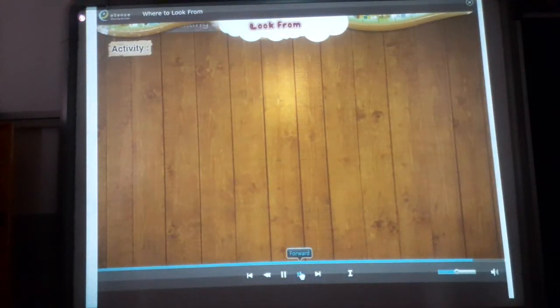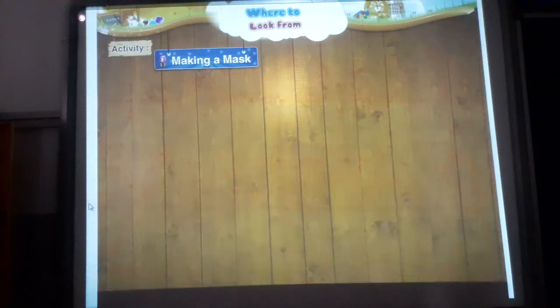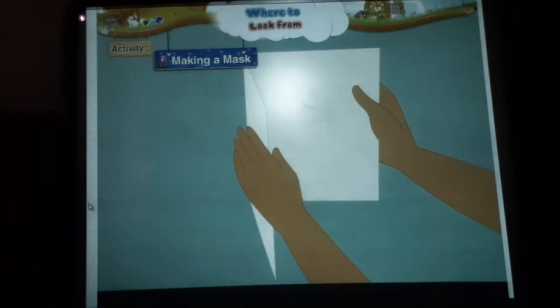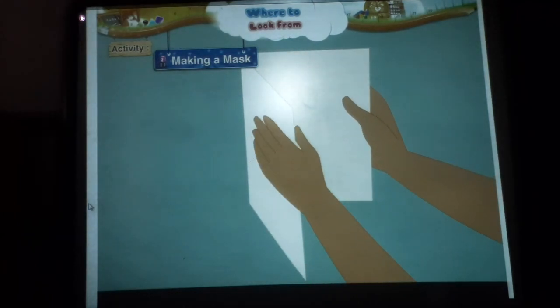Activity. Making a mask. Now I will teach you to make a mask of a cat. Take a piece of paper. Fold it in the middle. Draw the figure on one side of the paper. Cut it using a pair of scissors.